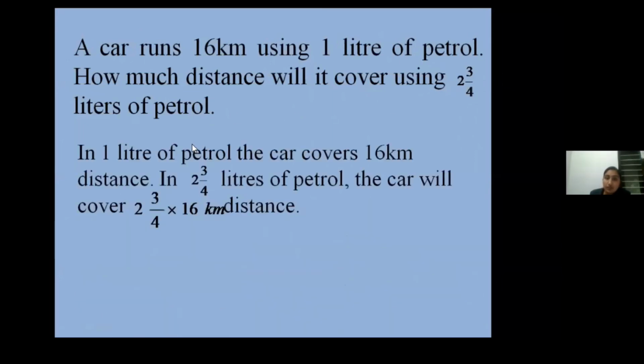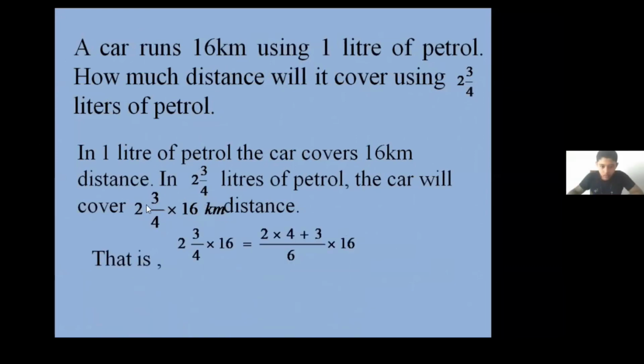For that, we have to multiply the quantity of petrol with the distance, 16 kilometers. So we have to find 2 3/4 into 16 kilometers.